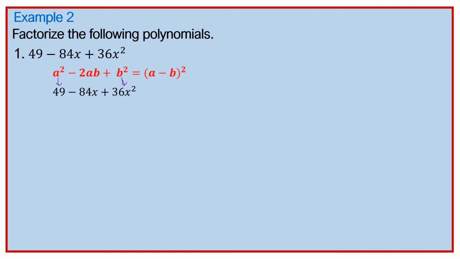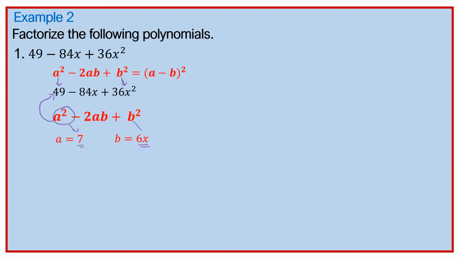This implies that b will be 6x, because (6x) squared is 36x squared. So for that case, a is 7 and b is 6x, such that a squared is the same as 7 squared, which is 49.